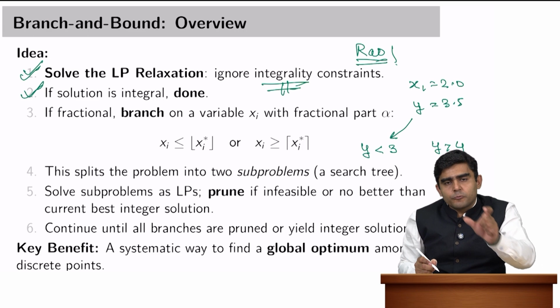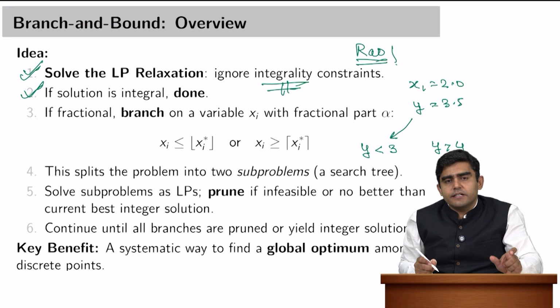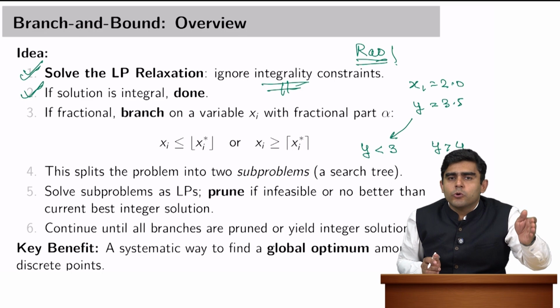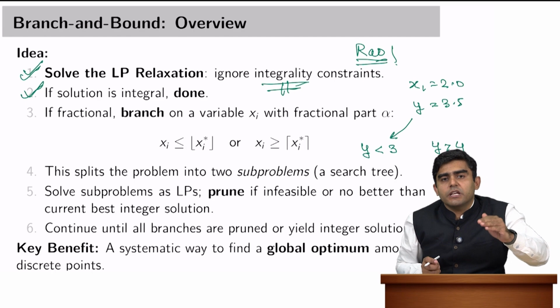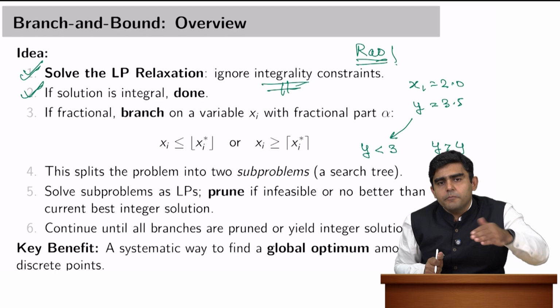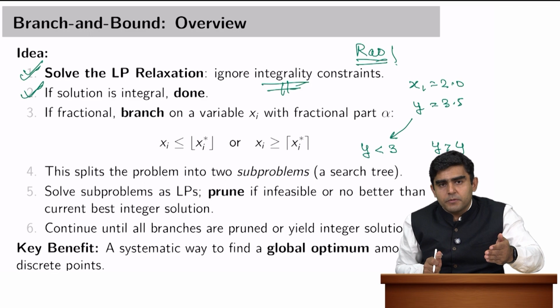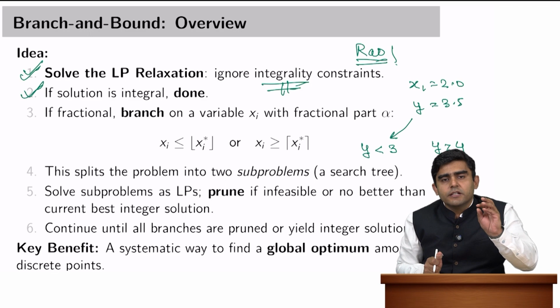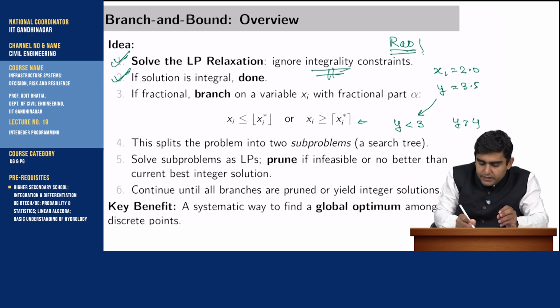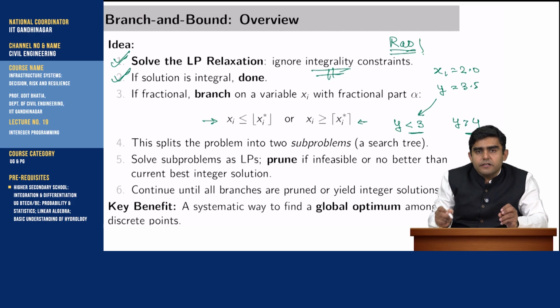I will split it into two branches and see on which side of 3.5 I should go, so that my objective function is maximized if it's a maximization problem, or minimized if it's a minimization problem, while making sure that y is bounded to be an integer.